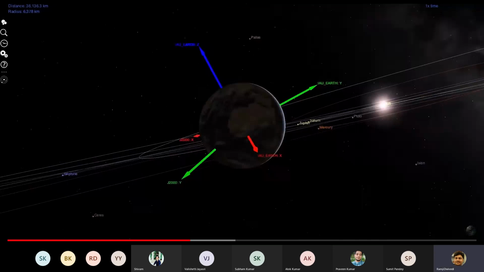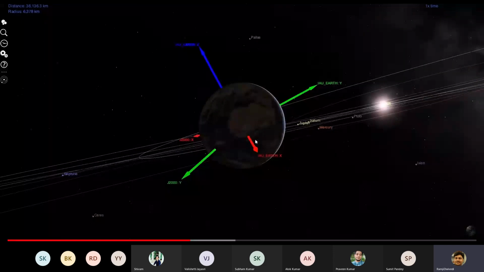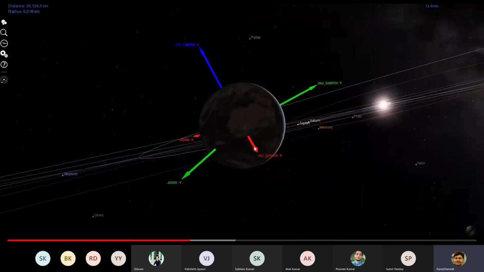This X is the IAU one, from the International Astronomical Union. It is the so-called intersection of the ecliptic and the equator.